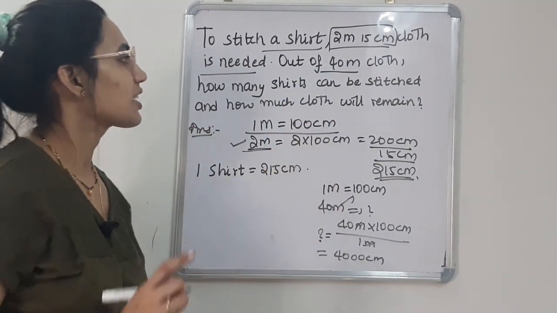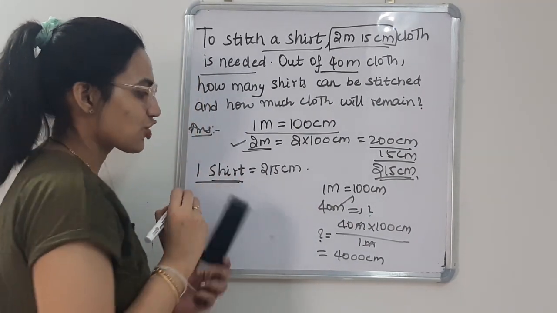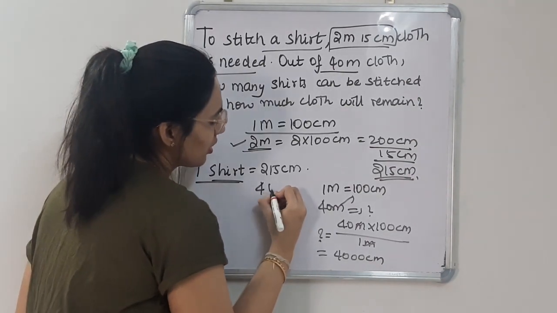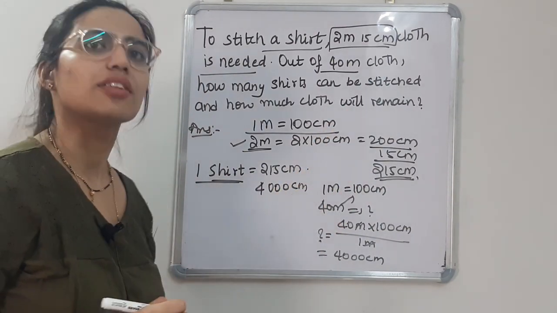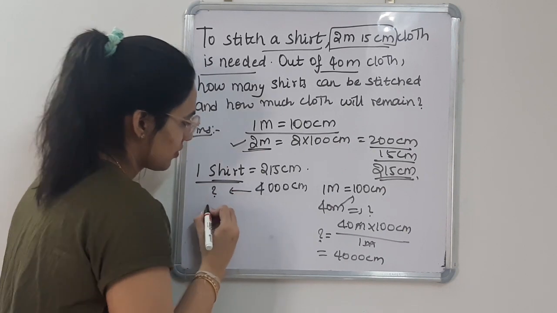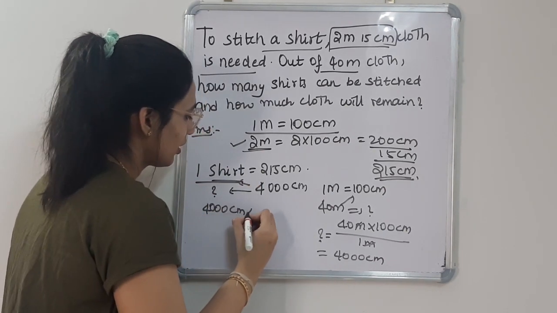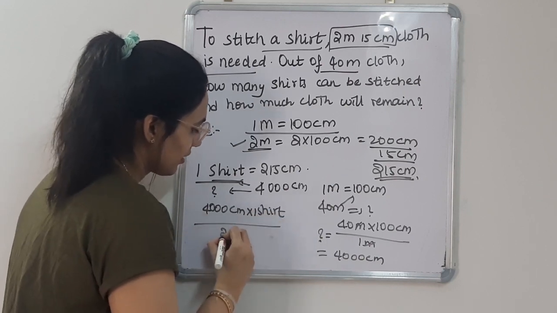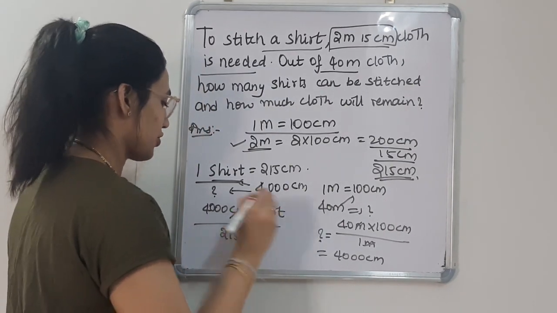How many shirts can be stitched? You know that one shirt is equal to 215 centimeters, and we know that there is 4000 centimeters of cloth. How many shirts? Just do the division, 4000 centimeters by 215 centimeters per shirt, so we'll get the number of shirts here.